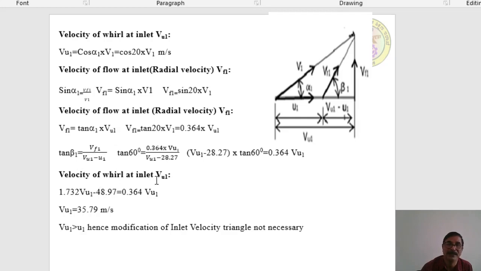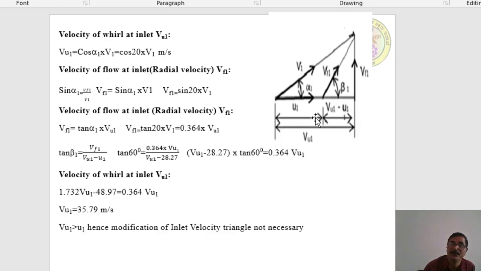Therefore, velocity of the whirl at the inlet Vu1, after substituting the value of 60 degree here and simplification, we'll get this equation: 1.732 V1 minus 48.97 minus 0.32 V1. Finally, you get V1 as 35.79. Since VU1 is greater than U1, hence modification of inlet velocity triangle is not necessary.